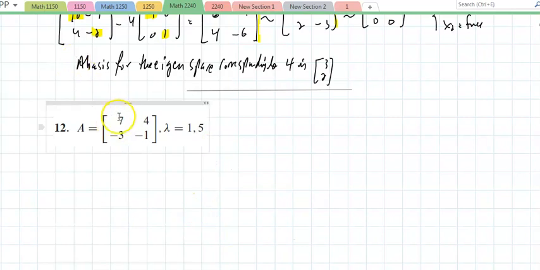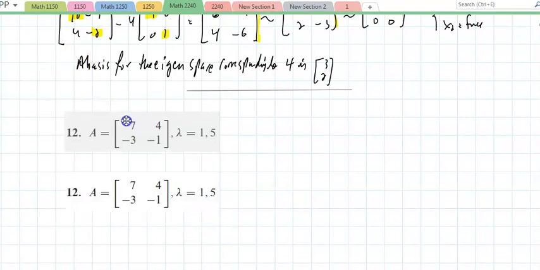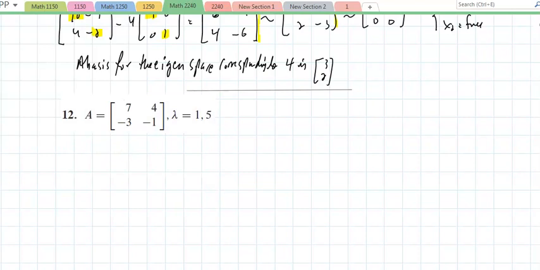So again, busy work, nothing more. If I look at number 12 and I want to proceed, they gave me 2 eigenvalues. If I take lambda equal 1, I want to find the corresponding eigenvector with that. That's going to be the determinant of A minus lambda I equaling 0.